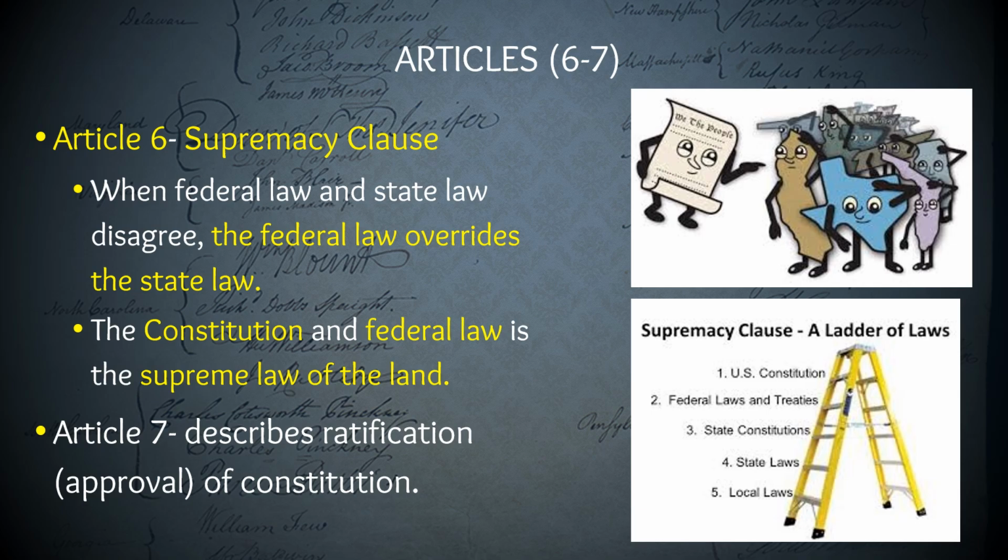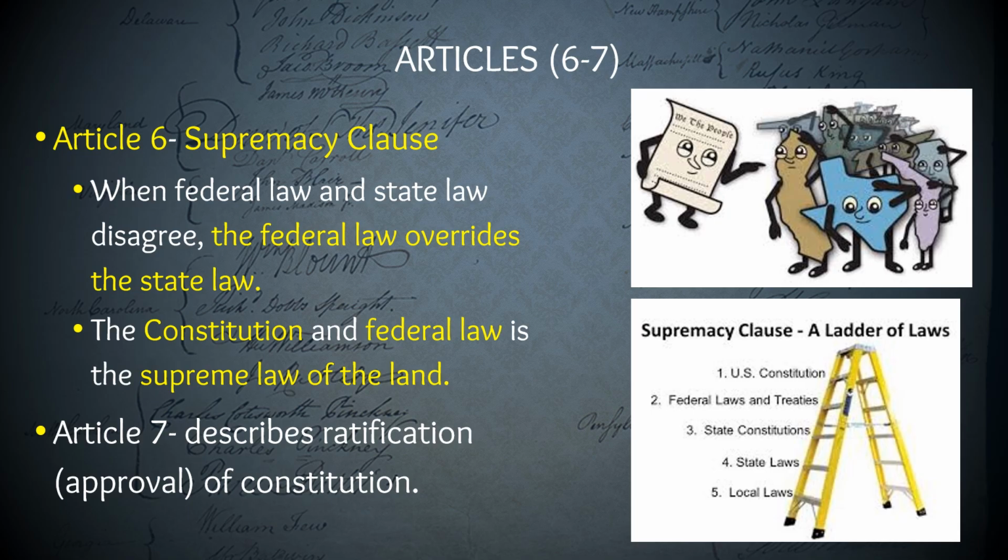Article 6, what will be known as the Supremacy Clause. So, once again, the system of government within the United States is a federal system. However, there are situations when a federal law and a state law disagree with each other. In that situation, the federal law overrides the state law.